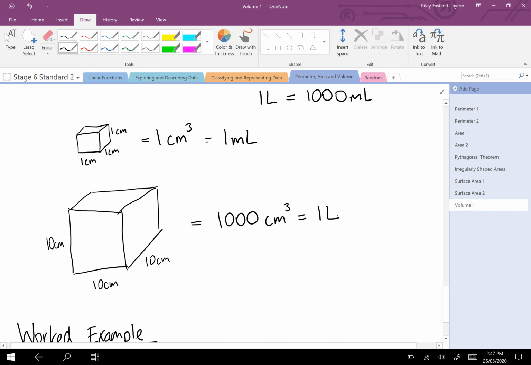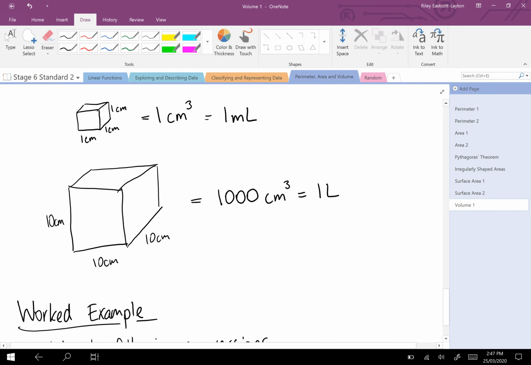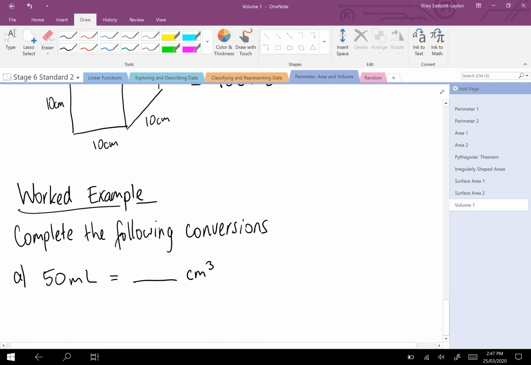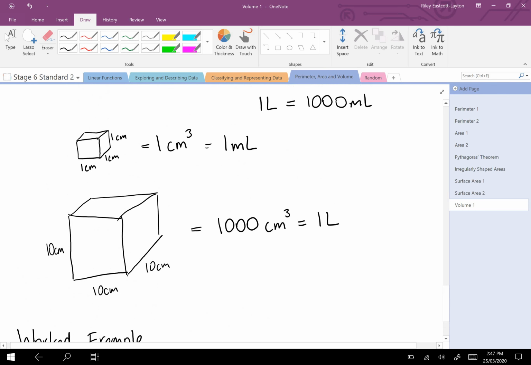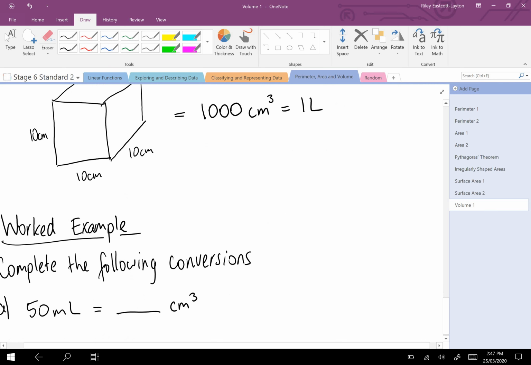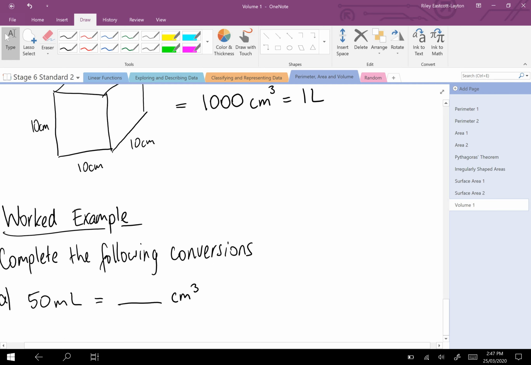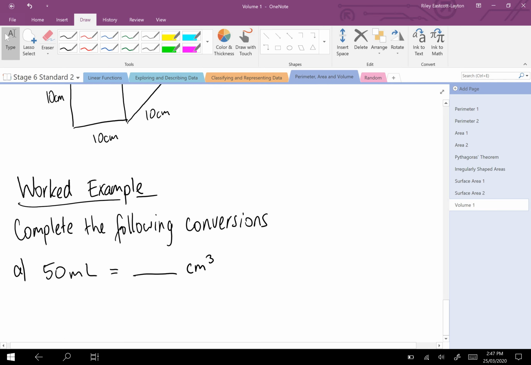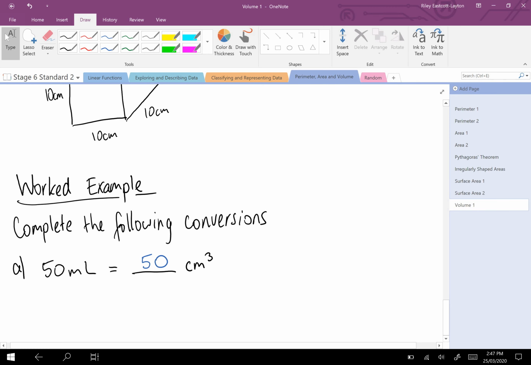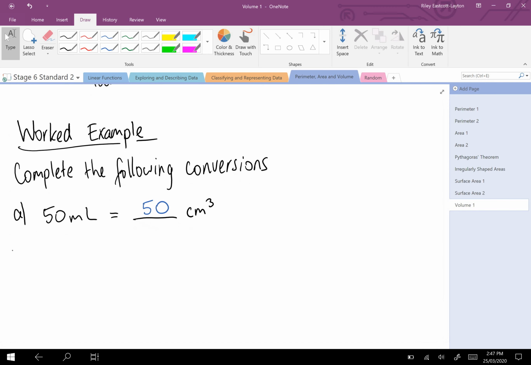So 1 centimetre cubed is 1 mil, 1,000 centimetres cubed is 1 litre. So we've got 50 mil. So essentially what we're going to be doing is operating backwards. So 50 mil will be 50 centimetres cubed. Nice and easy to kick us off.